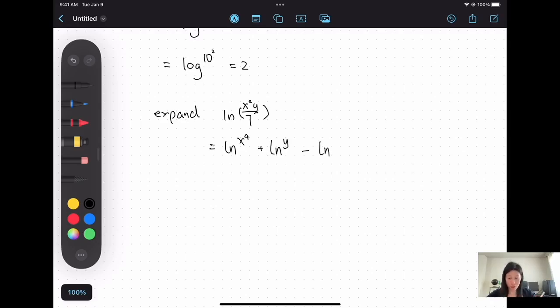We know that division can become subtraction, so I have it minus ln of 7. But this is not done. By the exponent property, I know that I can put the 4 in front. I have 4 times ln x plus ln y minus ln 7. So that will be the expansion of the log.